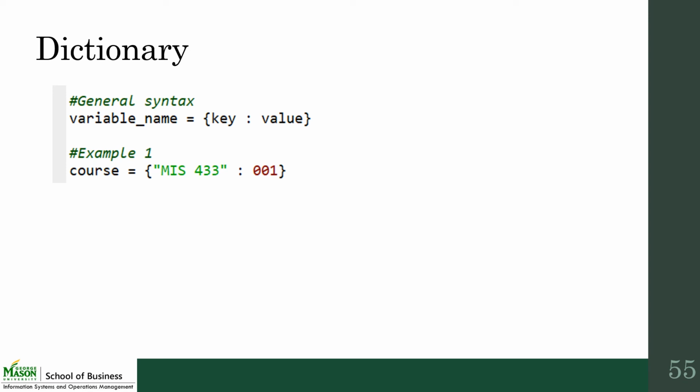The key is the string value MIS433 and the value is the integer of 001. In example 2, the dictionary has a value containing a list with 2 elements. Keep in mind that dictionary keys are not capable of holding a list, whereas the value can.